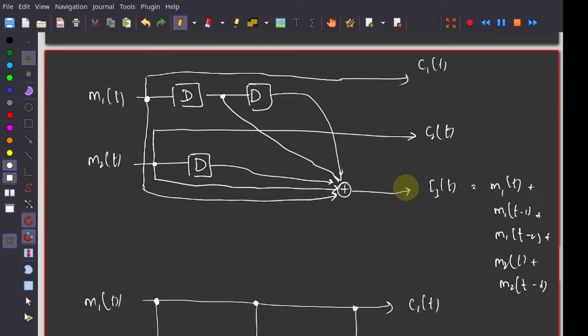So for each output stream, you may have at most one adder element. In some cases, you don't need any. And the number of delay elements is at most the total number of terms in the impulse response. Correct? So for each of the input streams, you have a separate shift register. So this is sometimes called the controller canonical form. Again, just terminology.